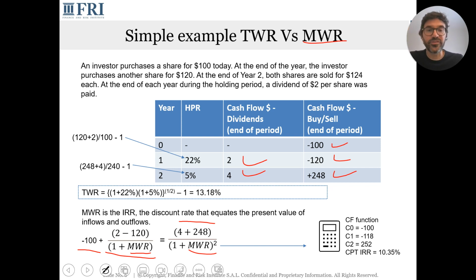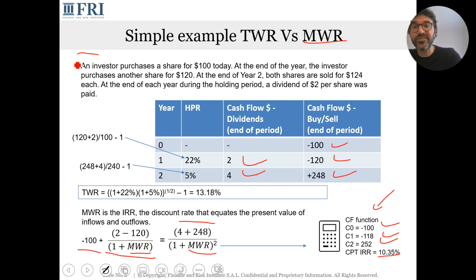Of course, you cannot do this manually. It's an iterative process. You take your financial calculator, you use your cash flow function, where C0 is negative 100, C1 is negative 118, and C2 is 252. Compute IRR, which is the money-weighted rate of return, 10.35%.